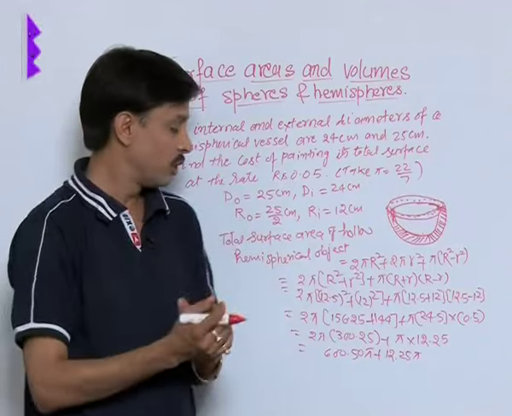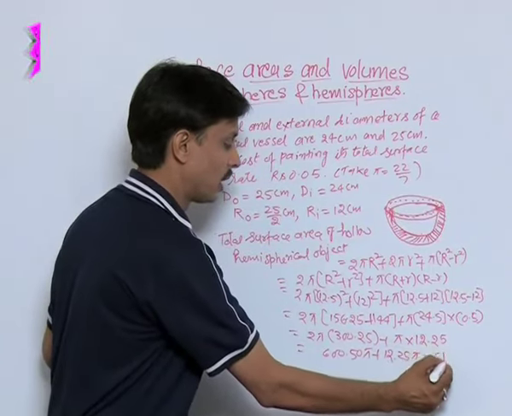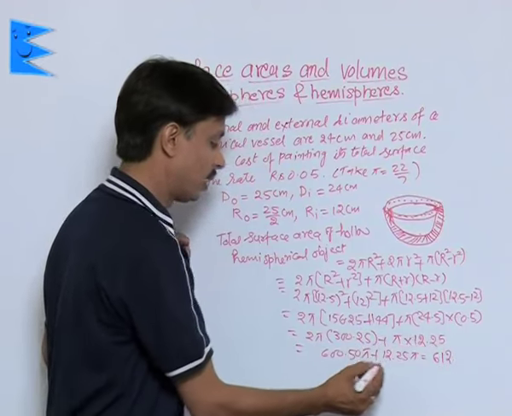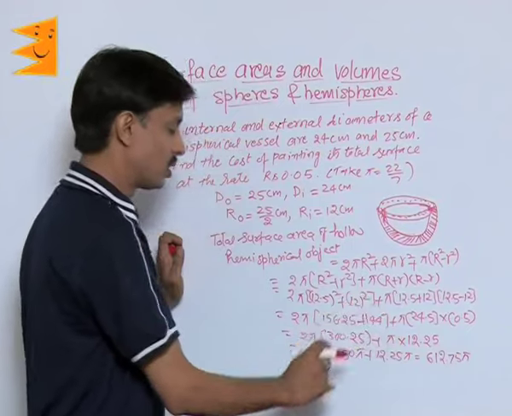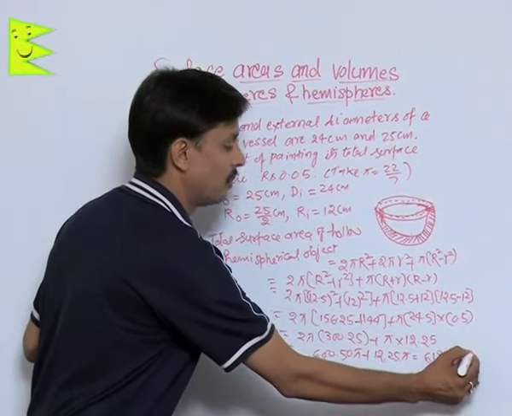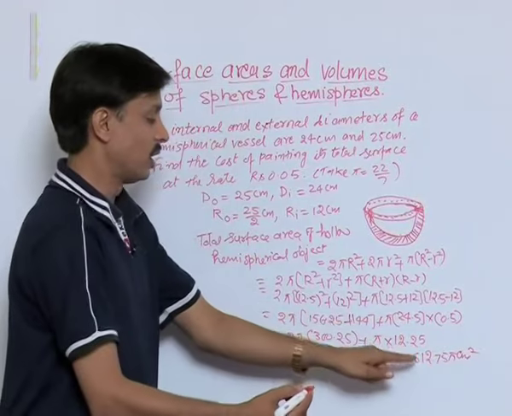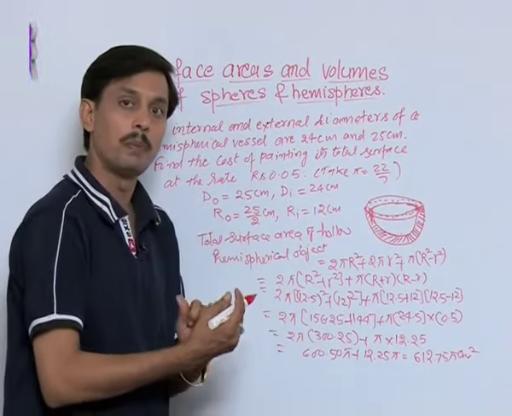If I ask you to add these values, you will say it is 612.75 pi. 612.75 pi centimeter square. This becomes the total surface area, the net area to be painted.